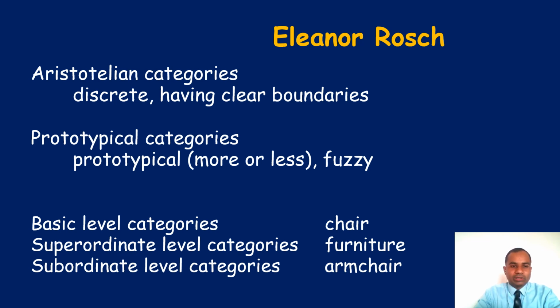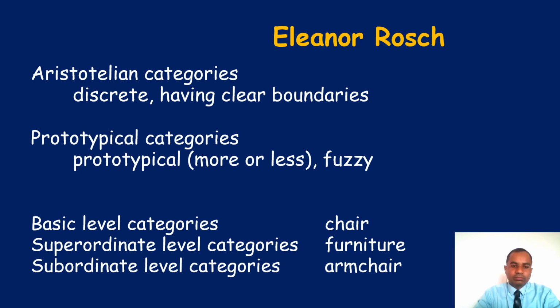So previously we have Aristotelian categories, and there most of the scientists believed that the categories, different kinds of things, have clear-cut boundaries between them, and they are discrete, so we can count them or take them away from each other like that. But what Rosch has studied, she came up with prototypical categories.